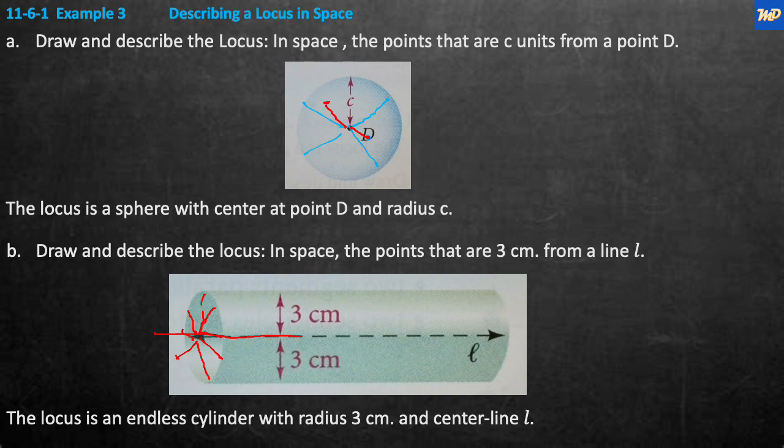All of these dots on the surface would create a 3 by 3, or a 6 centimeter diameter cylinder of length, whatever the length of the line is, which would be infinite. But you see, the points are filling in around from the side, which is kind of interesting. It has a 3 centimeter radius from the center line. So that's how that looks.